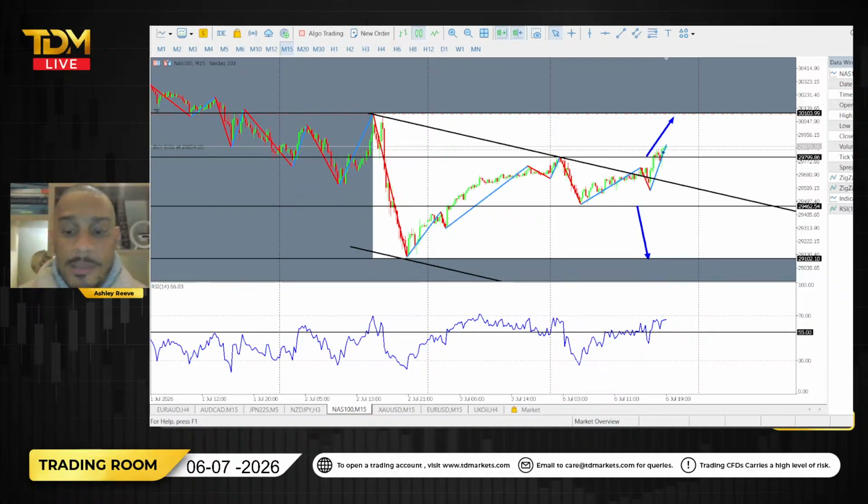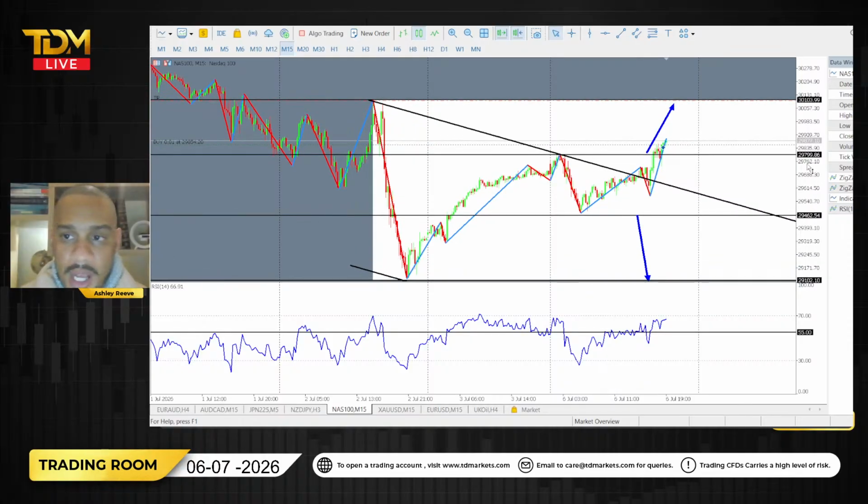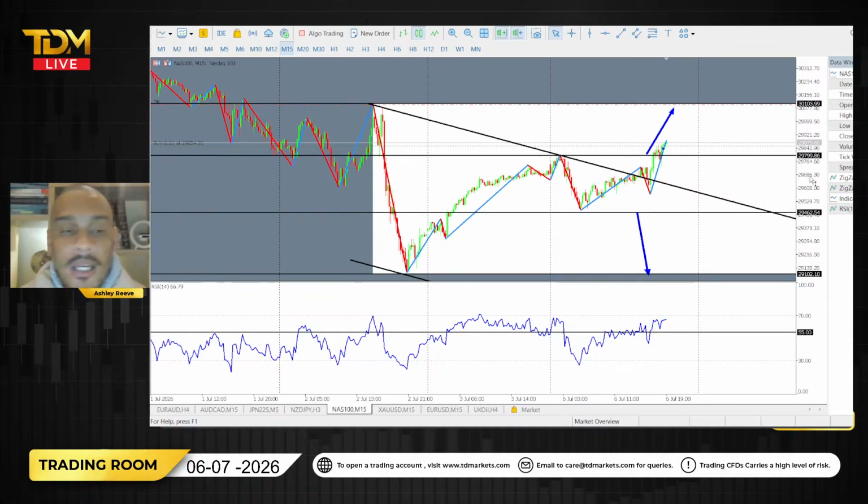What's important for us to understand here, guys, is that if you can generate the worth of a loaf of bread every day on the charts consistently, if you can make 25 Rand, if you can make 30 Rand a day, and I'm bringing it down to the minimum, if you can consistently train your eye to see the setups that generate just the value of a loaf of bread every day, you are already consistent.